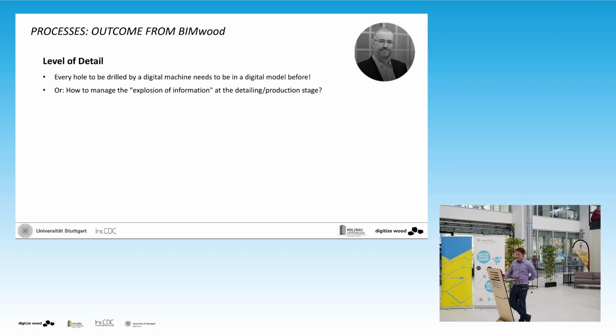The level of detail is like, when you have the drawings and the fabrication, then all the information needs to be at an early stage in the model, or you don't need any information, because then you can add this information later. But if you have this information, it must be very precise and correct. And of course, that's also the question of whether you have this precise information already if you have a model from the design stage.